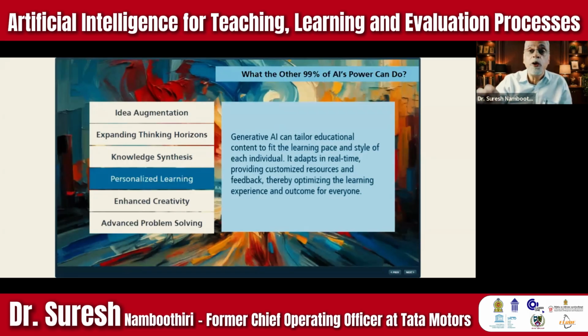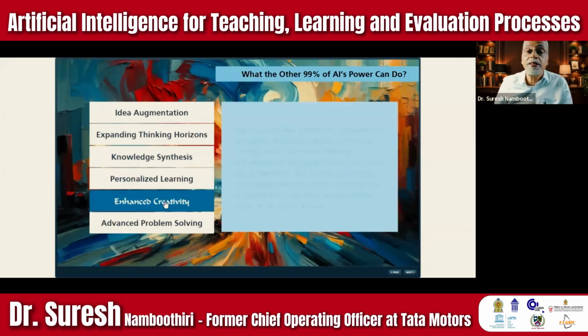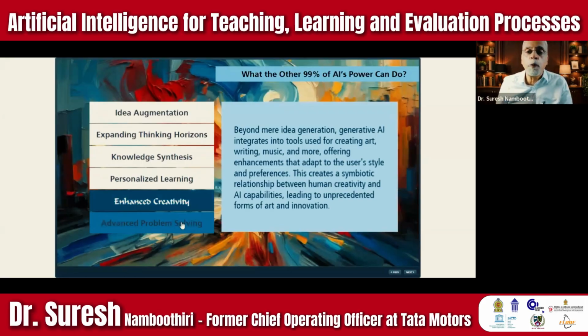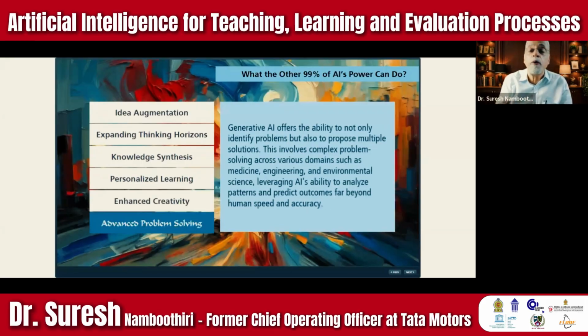It is not about content restructuring alone; we can do it in various ways. I hope I will get time to show you various things here. Enhanced creativity, advanced problem solving. These are some of the things, the 99% of generative AI's capability, that is not possible with normal prompting or normal approaches.